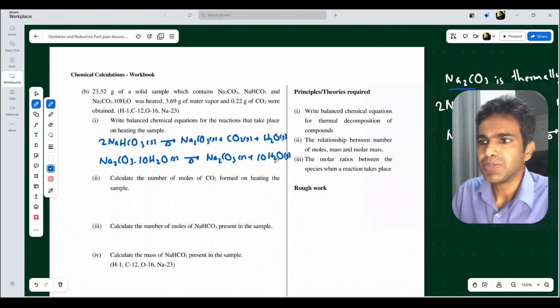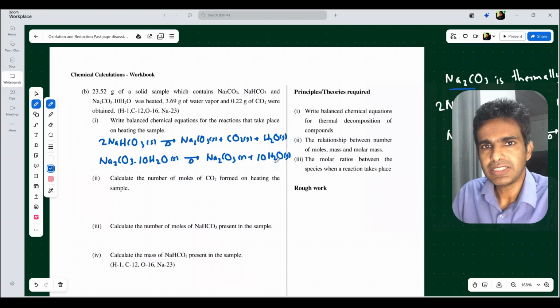Okay, then there will be a problem. How can you know these reactions? When we do calculations in chemical calculations lesson, we may come across these reactions. Then we need to remember those reactions. Some of these reactions will be taught during inorganic chemistry.